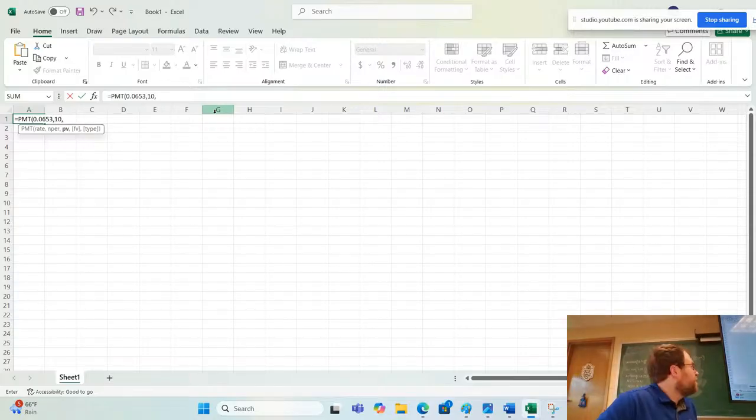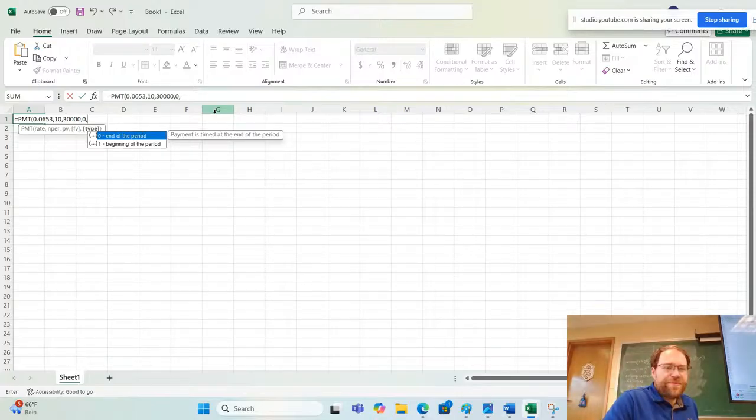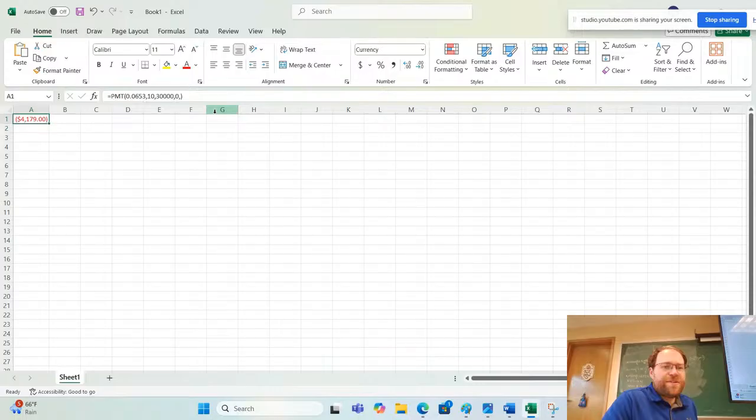The present value of the loan was 30,000, right? Yeah. Future value, we want to be 0. And payment is timed at the end of the period.